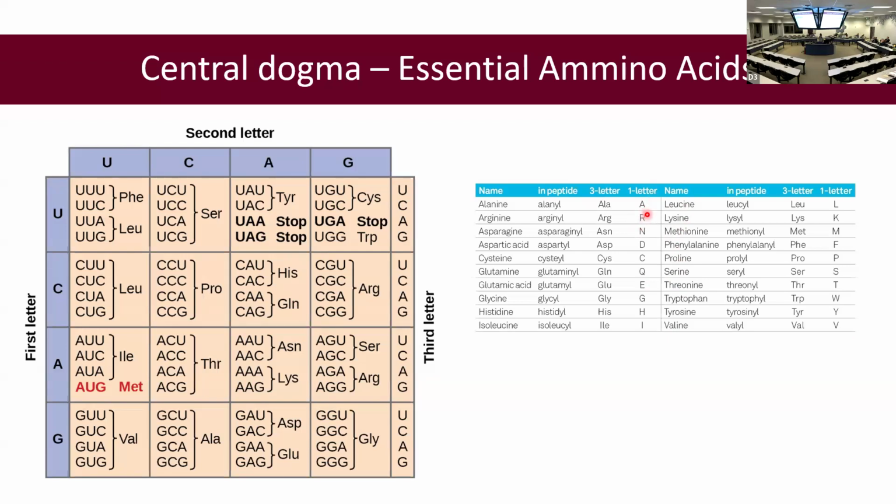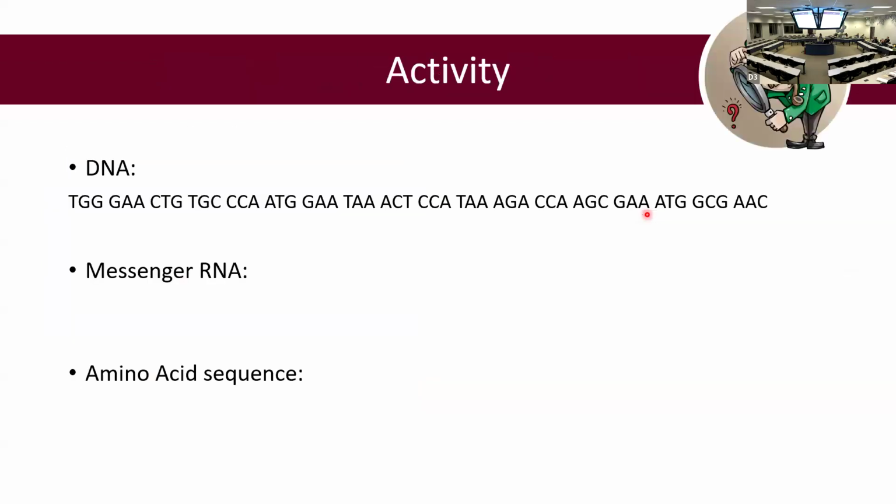Based on that, I have created a specific activity for all of you who are here present with me, or in Vegas, or doing it online. I want to take a few minutes to see if we can decode this message that I have hidden here and go all the way from DNA to messenger RNA to the amino acid sequence and see if we can read what is happening.